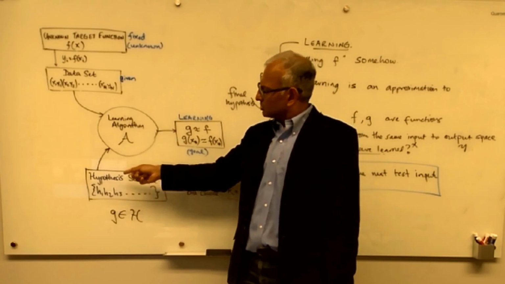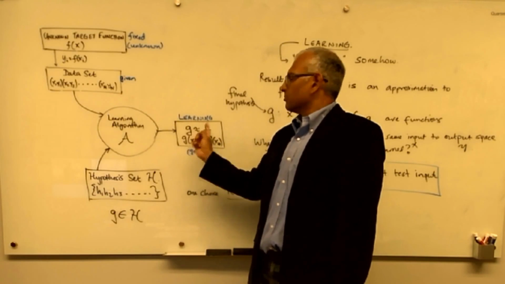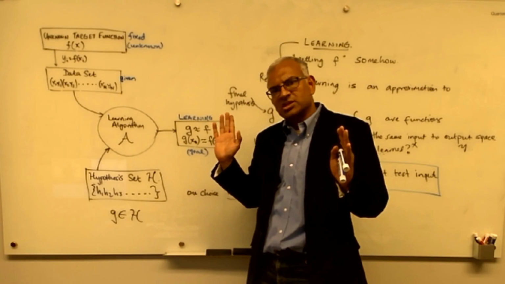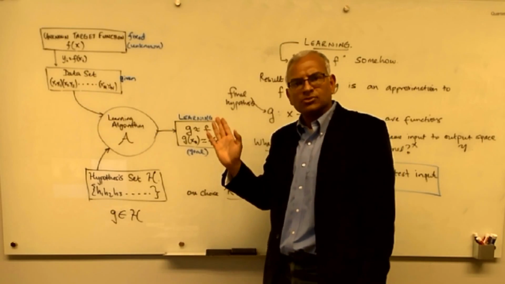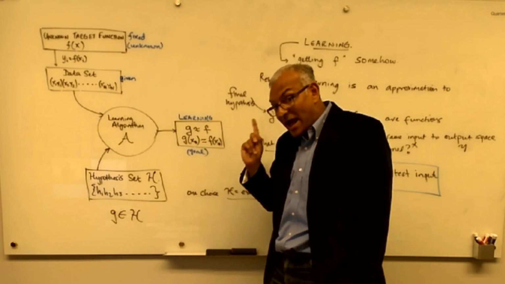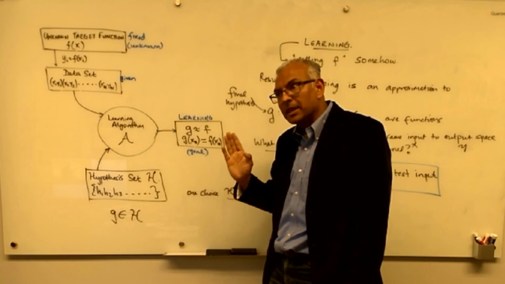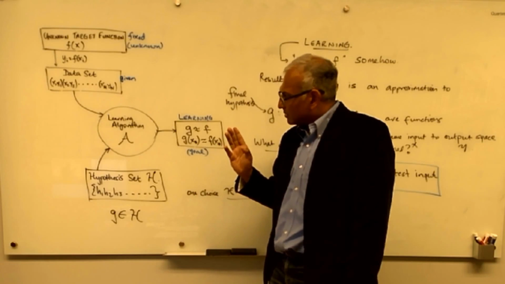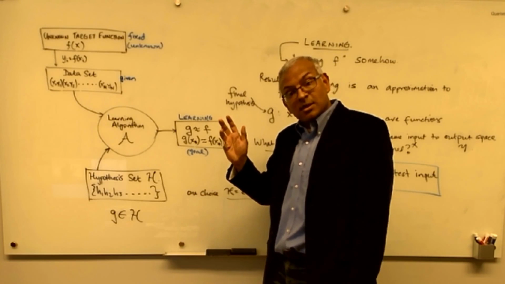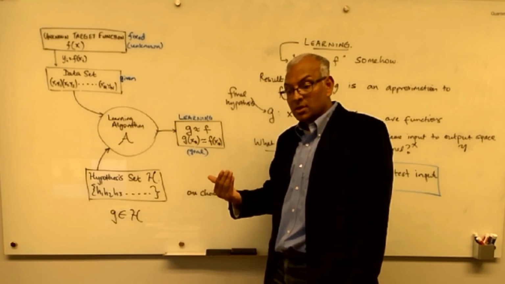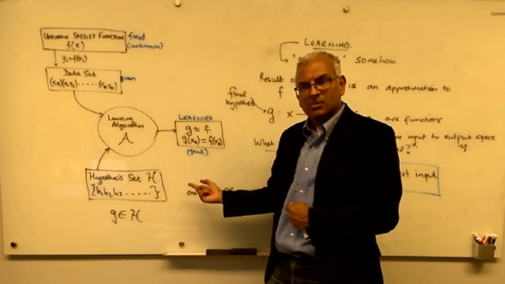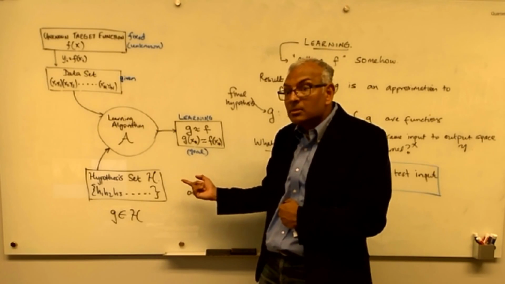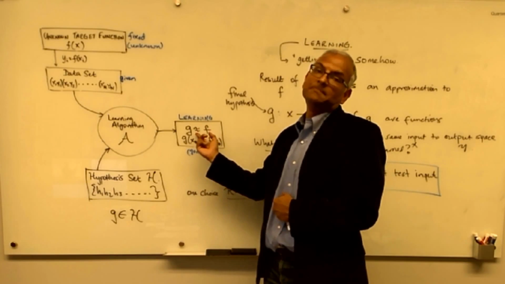The algorithm is going to pick one of those H's and produce it as G. No loss of generality. So this is a perfectly general paradigm. No downside, no loss of generality. But, and here's the big but, it is, however, opening the door that if we carefully choose this H, we may be able to get a better G.